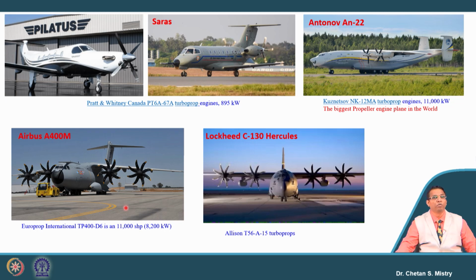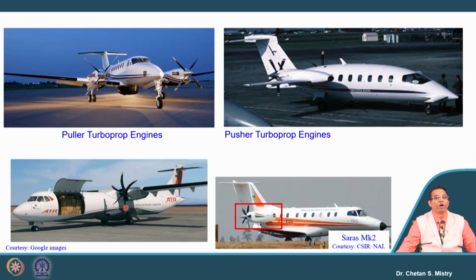Now if you look carefully, these turboprop engines have special applications varying from business jets to regional transport aircraft, to transport aircraft, and they also have military applications. Now here, if we look carefully, the propeller has been placed in the front.